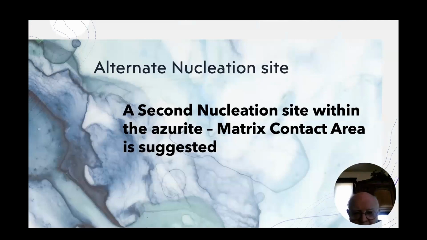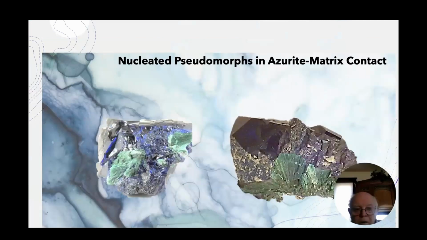Surface nucleated pseudomorphs are seldom observed, so I propose a second nucleation site, namely within the azurite matrix contact area. Both of these specimens show nucleation of botryoidal malachites in the azurite matrix contact zone.